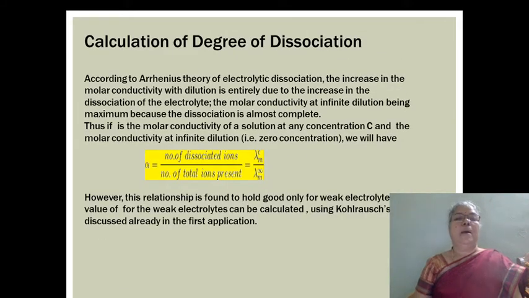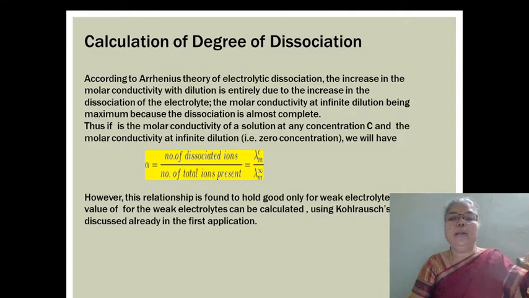Here alpha is the degree of dissociation, and according to Arrhenius theory of electrolytic dissociation, the increase in molar conductivity with dilution is entirely due to increase in the dissociation of the electrolyte.